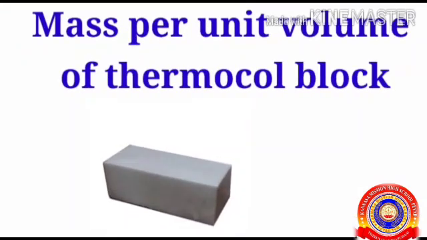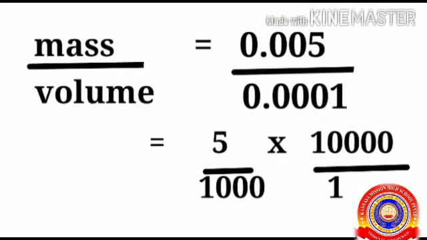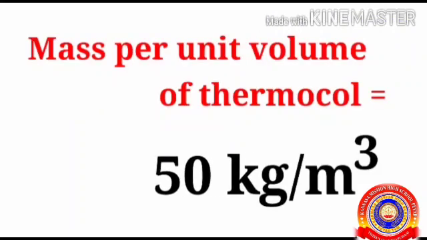So, mass per unit volume of the thermocol block equals 0.005 divided by 0.0001. And that is equal to 50 kg per meter cube.